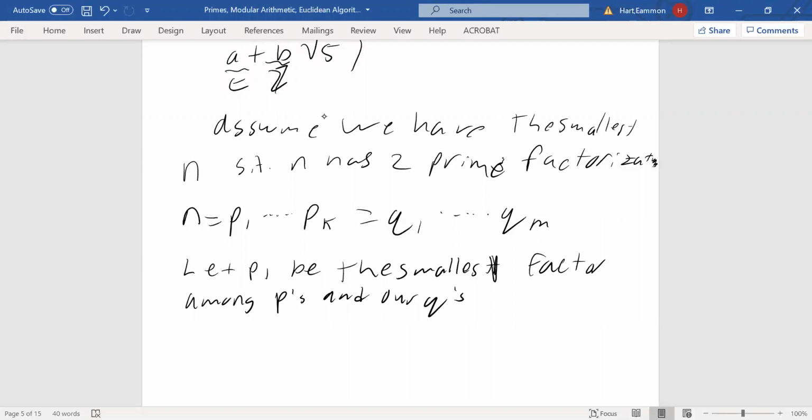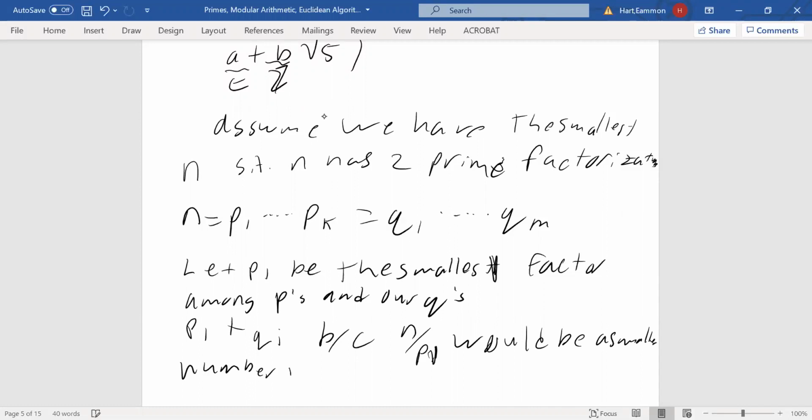So we know that P1 cannot divide any Qi, because if it did, then we could just divide everything by P1, then n divided by P1 would be a smaller number without unique factorization. Right?